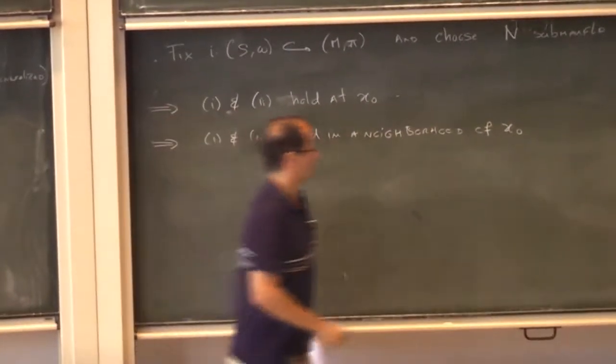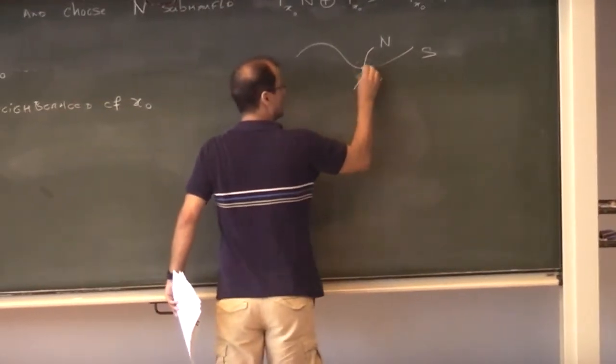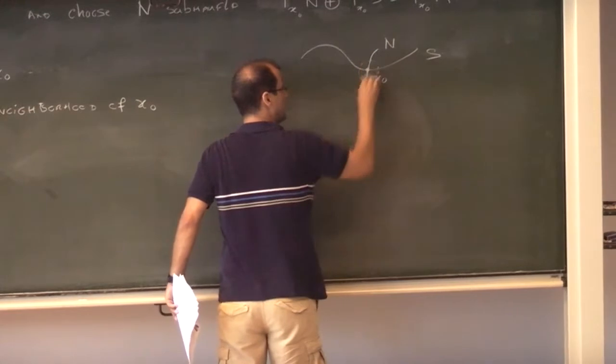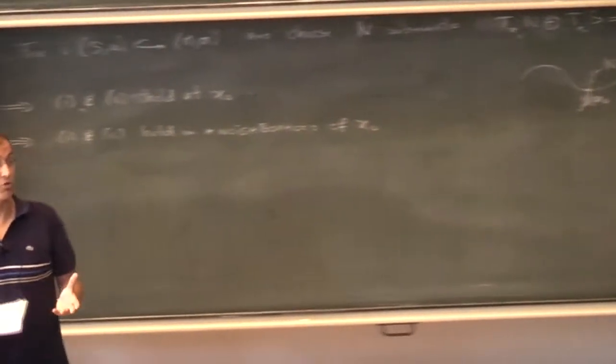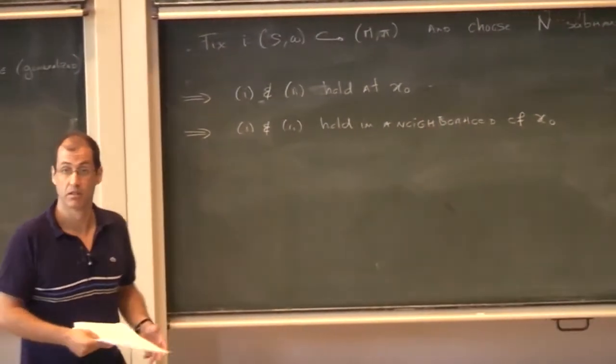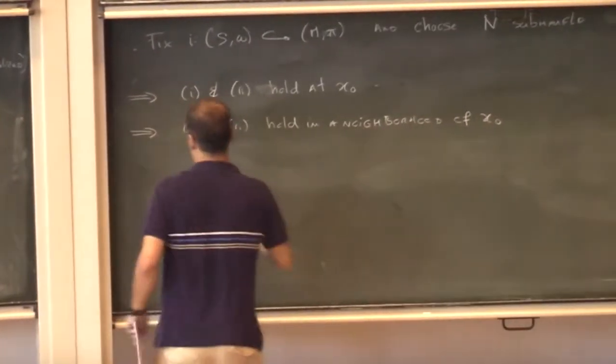So that means that there exists a neighborhood U such that the intersection of N with this neighborhood has an induced Poisson structure. Okay?